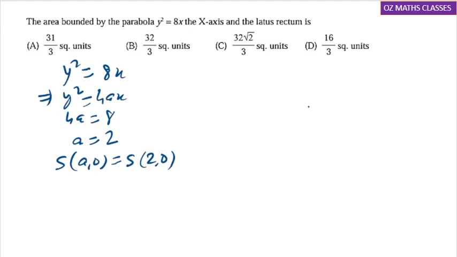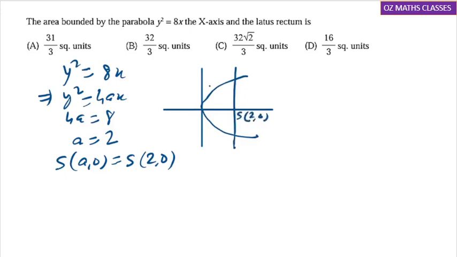Okay, let us plot this. And the latus rectum is a line perpendicular through the focus 2 comma 0. So this is the latus rectum. So you have to find this area. Again this area is symmetrical about the x-axis.